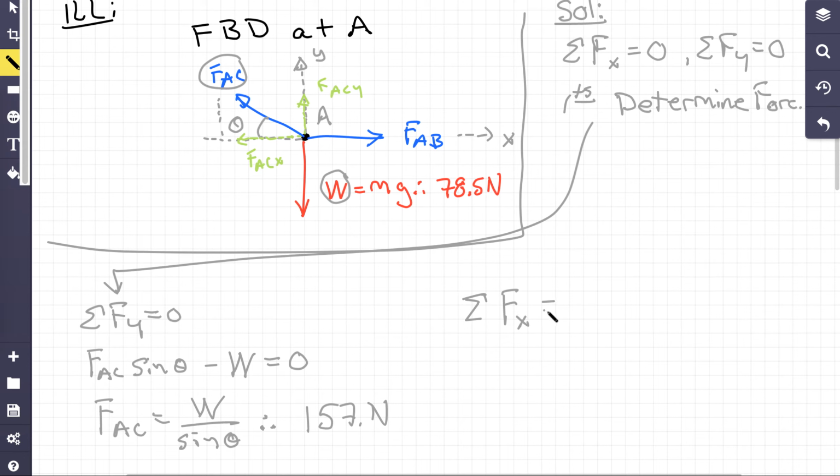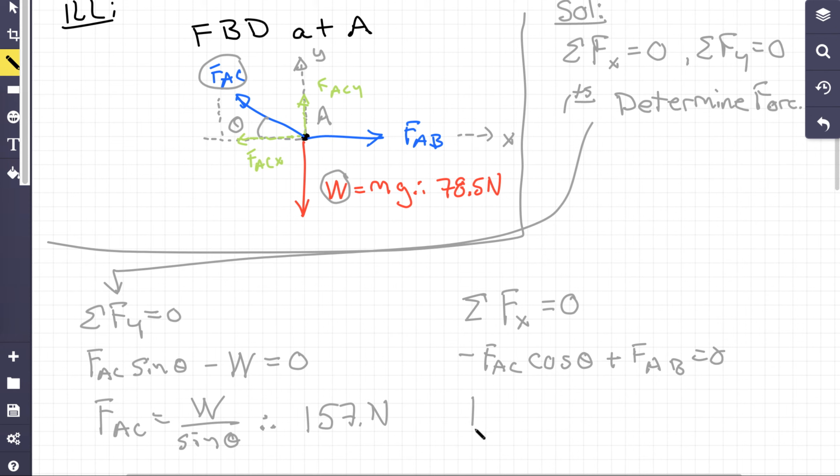So the sum of the forces in the x direction is equal to 0. We can say negative FAC times the cosine of theta plus FAB is equal to 0. So we got our directions right. Now, if you ever run into a problem where you put this in tension and all of a sudden you have a negative value, you're going to cross this out and change the sense of the vector.